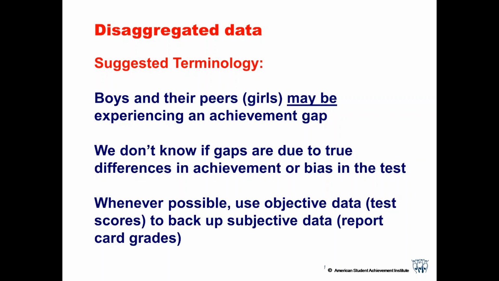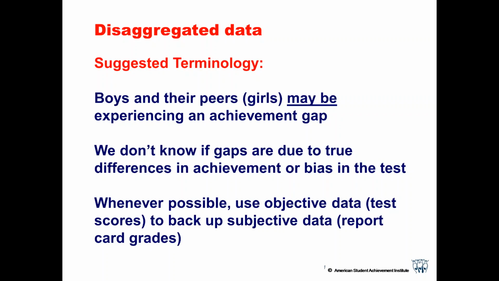One other thing is that when we talk about disaggregated data, we will say things like boys and girls may be experiencing an achievement gap. We always put a question mark in there because we don't know if the gaps are truly due to a difference in achievement between boys and girls or if there's a bias in the test.